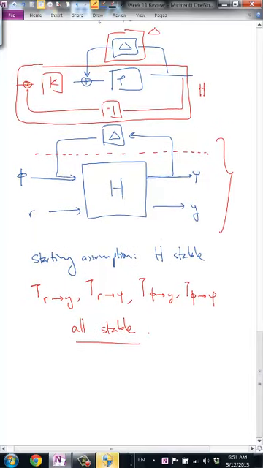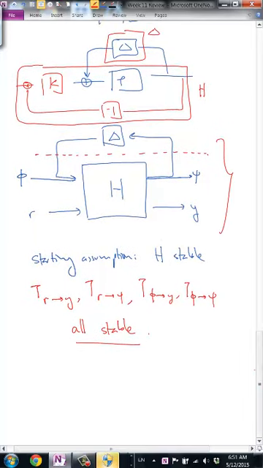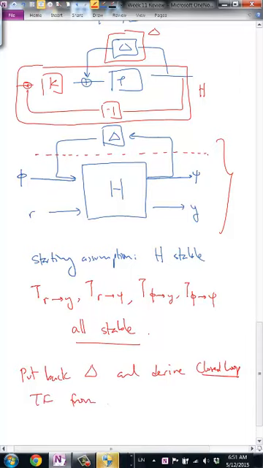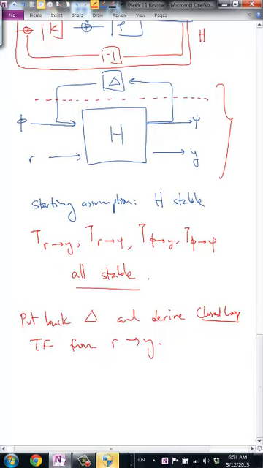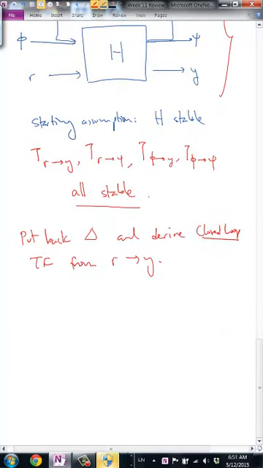So now, let's close this loop. Let's put back delta, and let's derive the closed loop transfer function from R to Y. This is a pretty simple exercise.